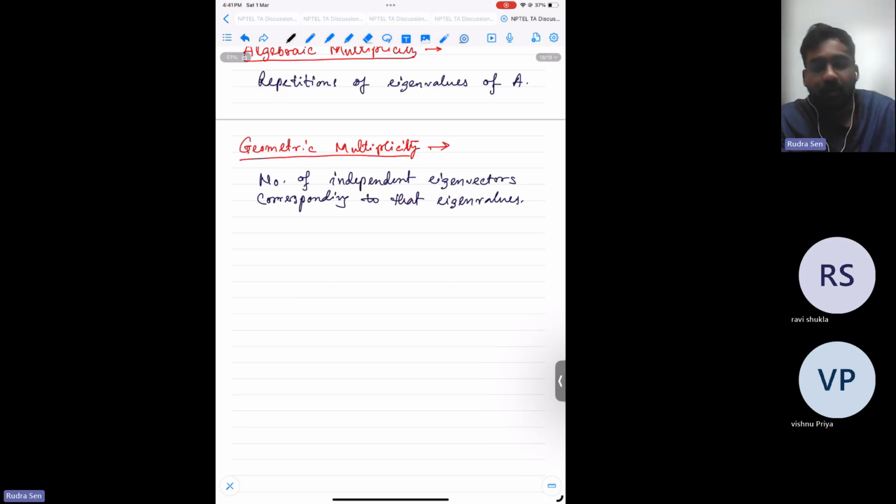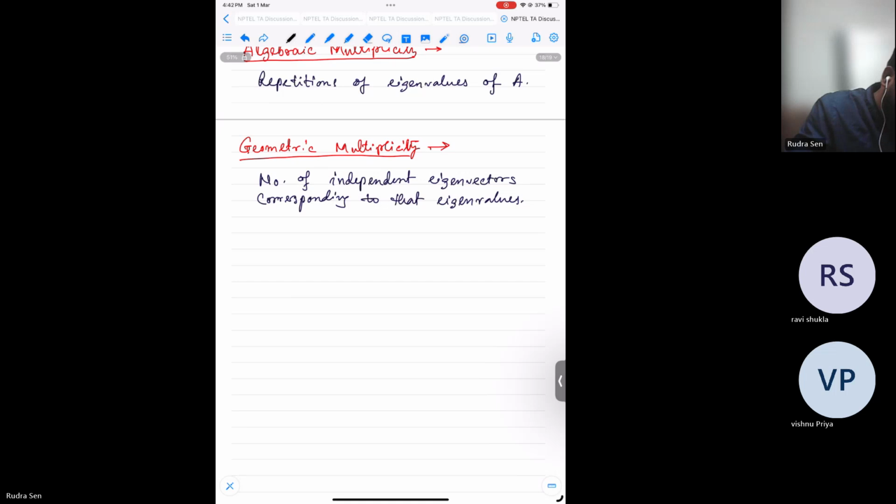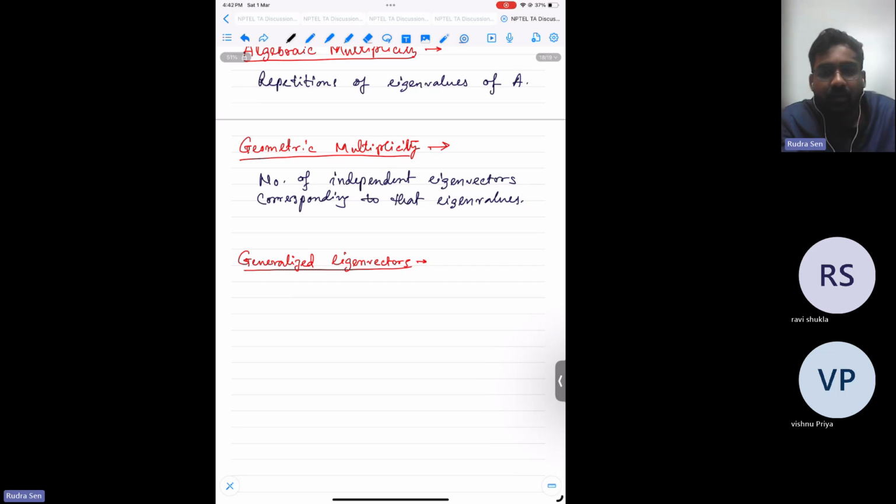So what is a generalized eigenvector? What it basically means is, if we have a distinct eigenvalue, we can find a distinct eigenvector. But if we have a repeated eigenvalue, we get one eigenvector using that lambda. But next we need to find the generalized eigenvector.